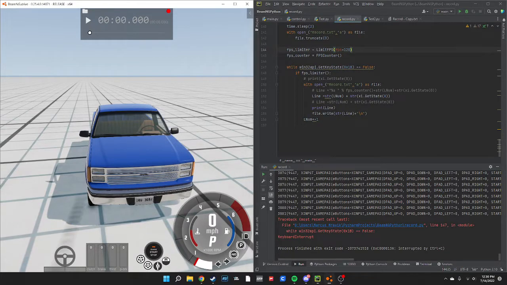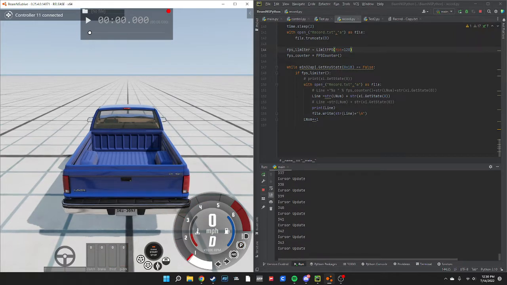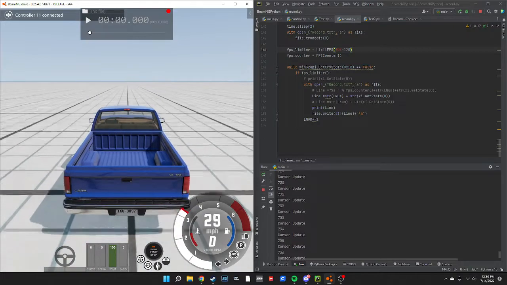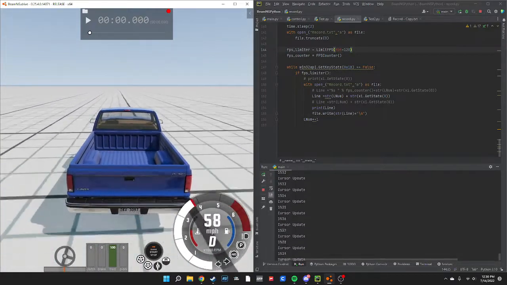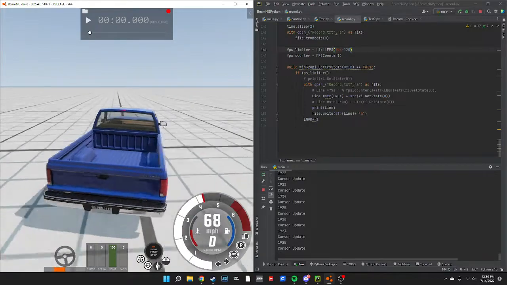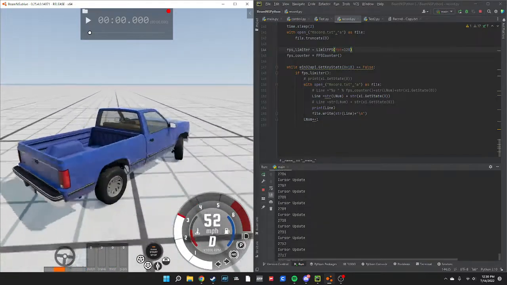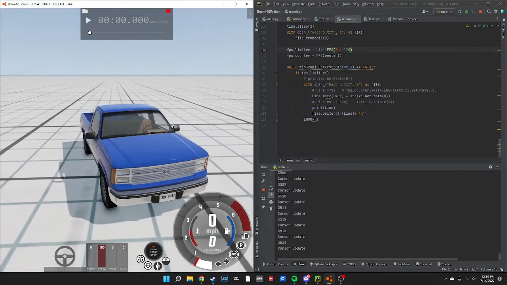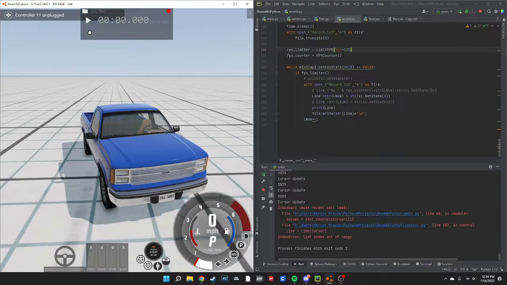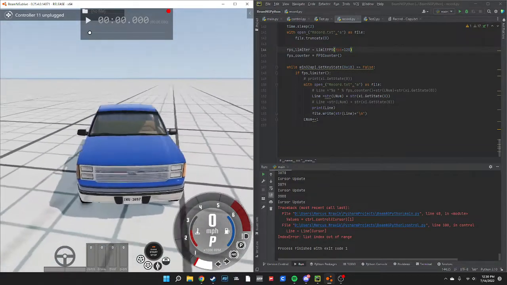So if I play it back, they're not terrible, but if you remember, my truck was straight, and now it's crooked.